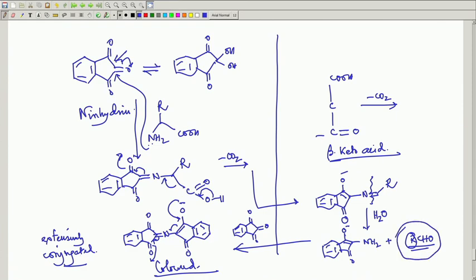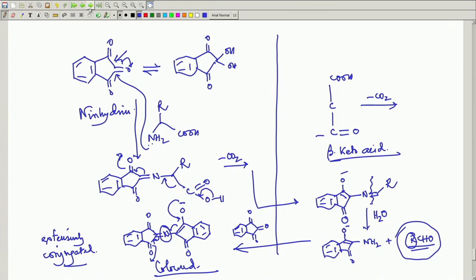The color is basically between the two ninhydrin molecules, in between which there is a nitrogen. This nitrogen actually is the nitrogen from the alpha amino acid. So, that is why all amino acids give the same color, except, again I repeat, except proline.